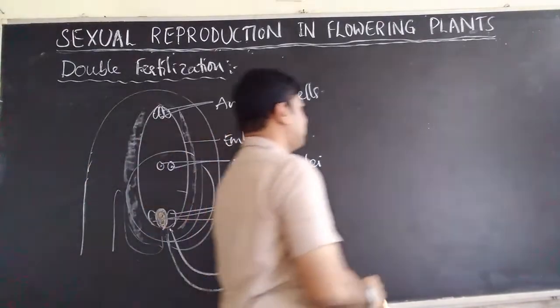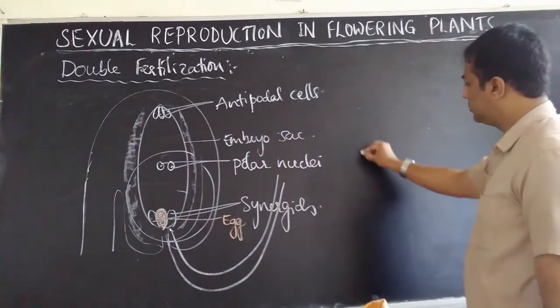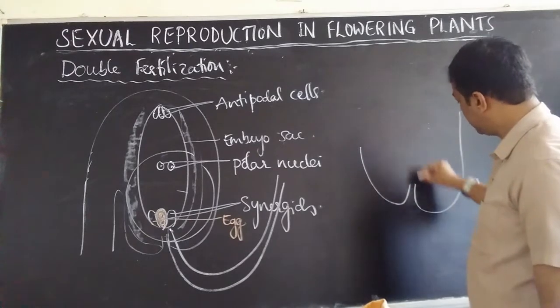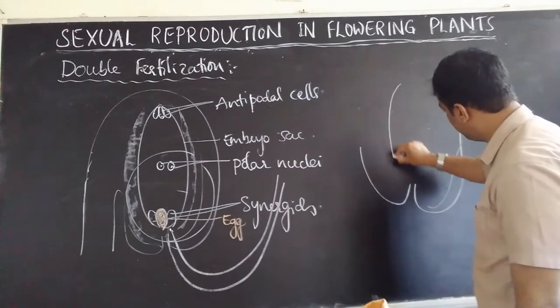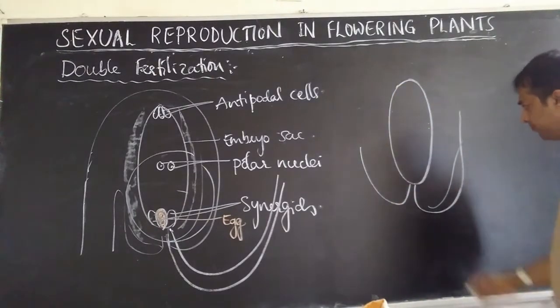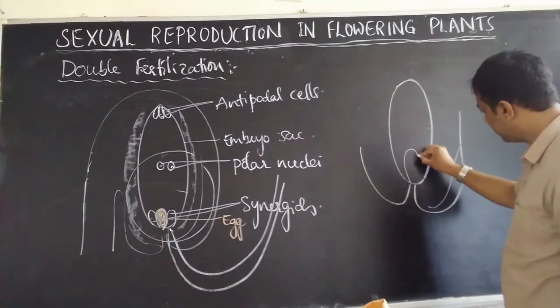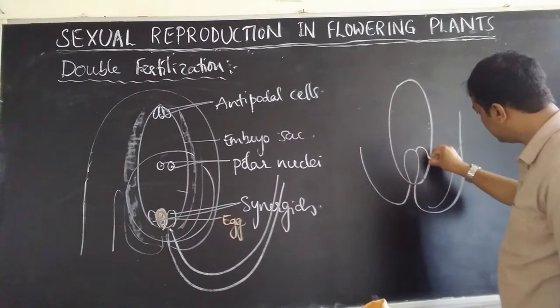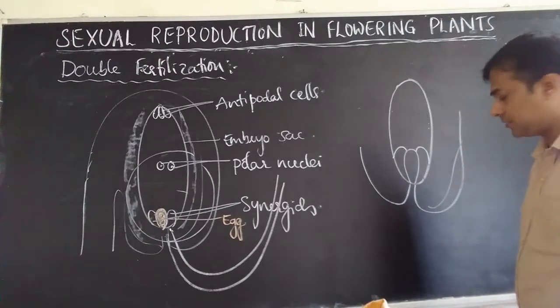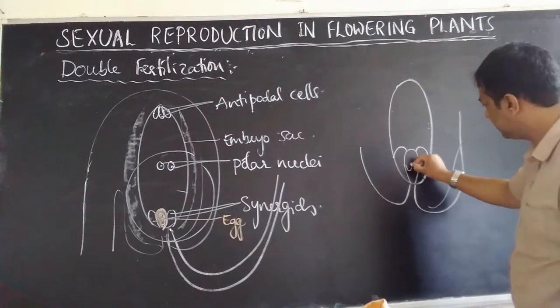So this is the enlarged part. This is the micropyle, integuments, and here there is an embryo sac. This is the egg, and on 2 sides there are synergids. We have already learned this in class.